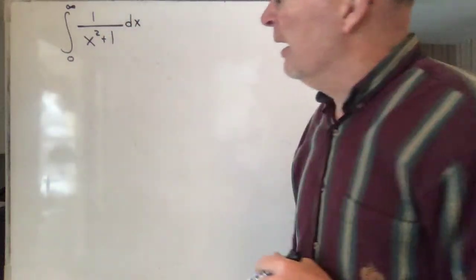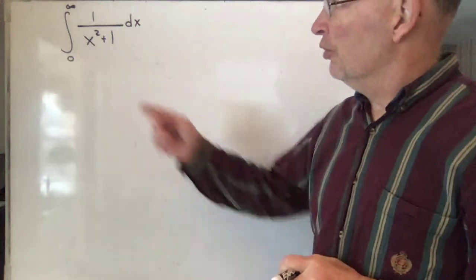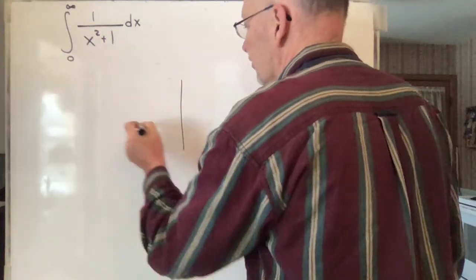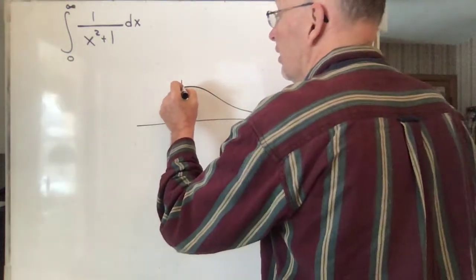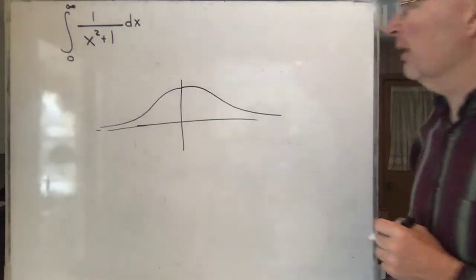Okay. Now, the first thing I want you to note is that if you were to graph this function, it would look something like this. It's called the Cauchy distribution, actually, in probability theory.